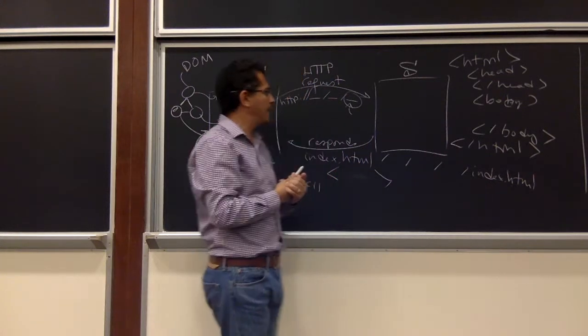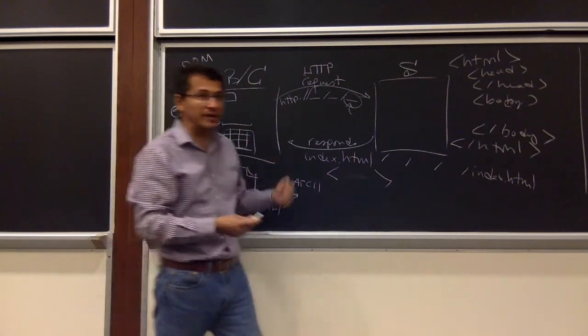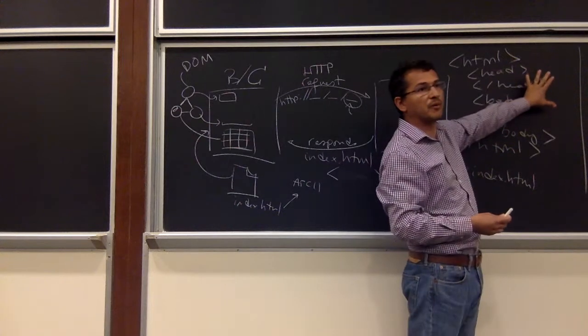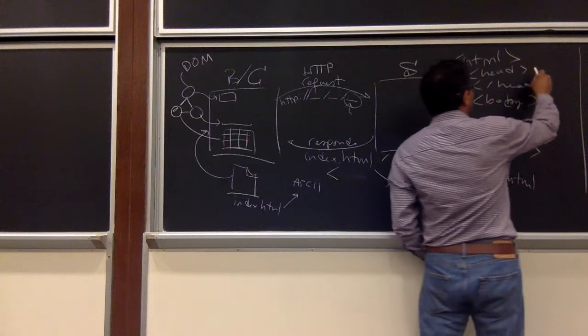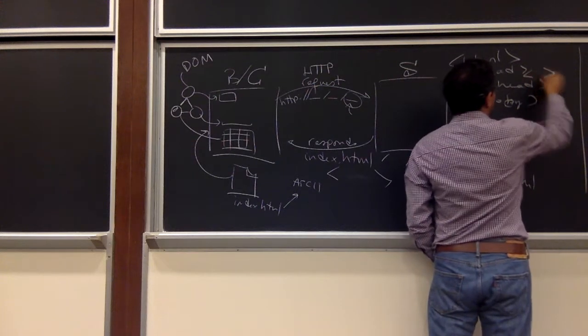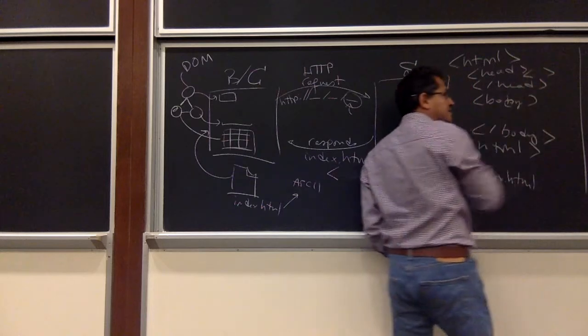Okay, let's see. Now this HTML document usually in here will refer to other resources. So for instance, it might say, I need this in here. You might have references to other resources such as other CSS libraries.